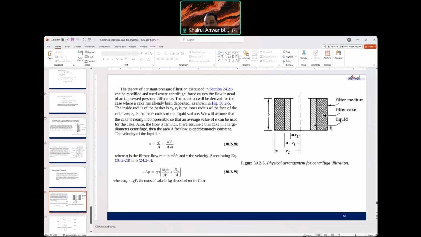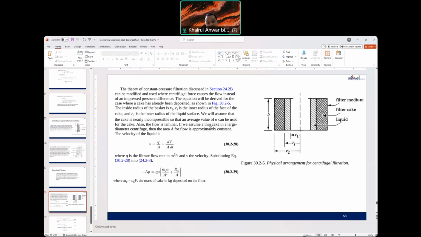So the filter medium is the filter itself. The filter cake is the solid that is deposited and cannot pass through the filter. Over time it will build up, then it looks like a cake in front of the filter medium.